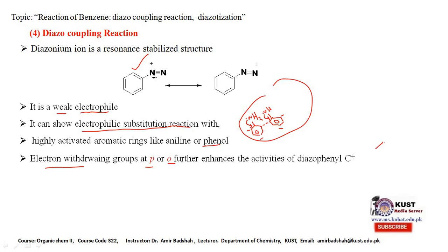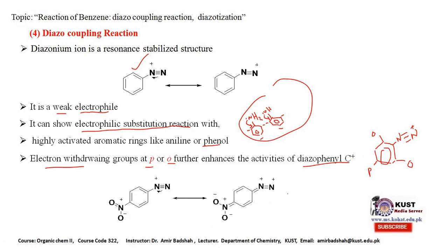For example, this is a diazonium ion. If some groups are present at the ortho position, for example, this is the ortho position, this is also the ortho position, and same is the case if the groups are present at the para position. Still the reactivity of this diazonium carbocation is enhanced.